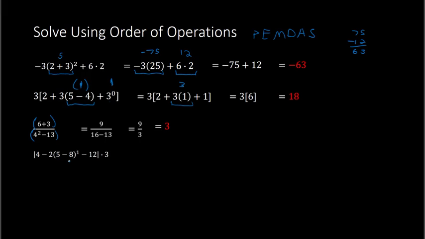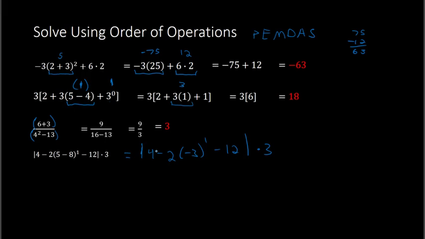So I begin in here with the parentheses, so I have 5 minus 8. We do that first, which 5 minus 8 would be negative 3. So I have 4 minus 2 times negative 3 to the first power, minus 12, and then times 3.